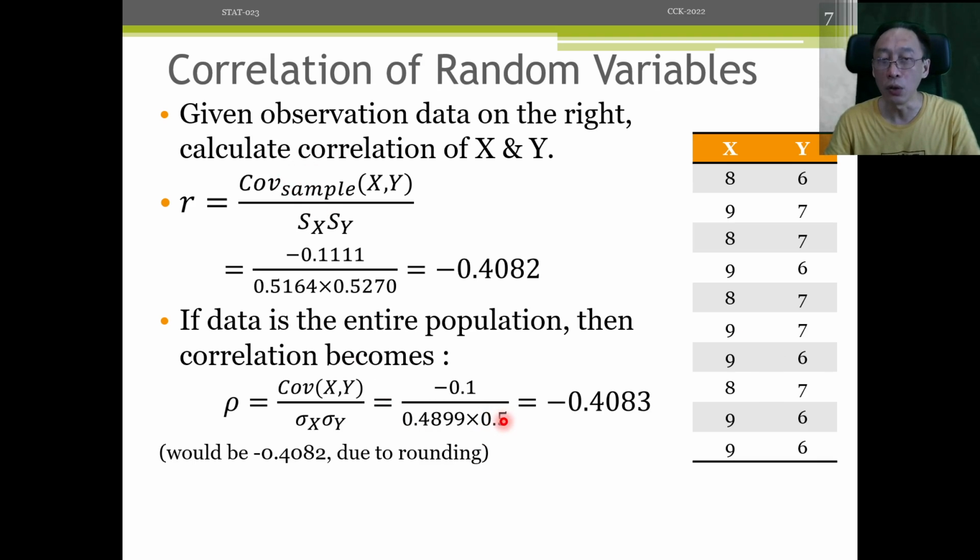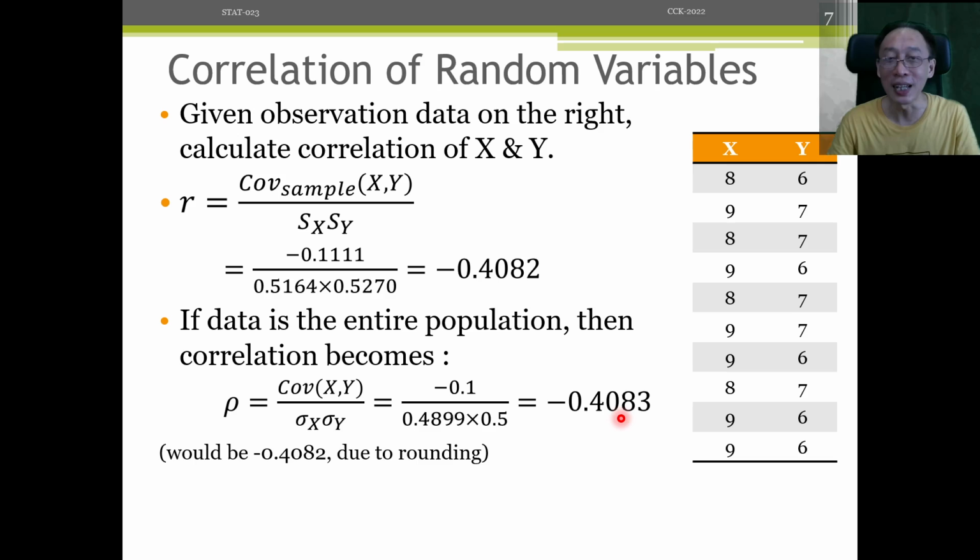So even though the data don't change, the resulting population standard deviation of y has gone from 0.5270 to 0.5. Once you divide, you get this very strange number, negative 0.4083.